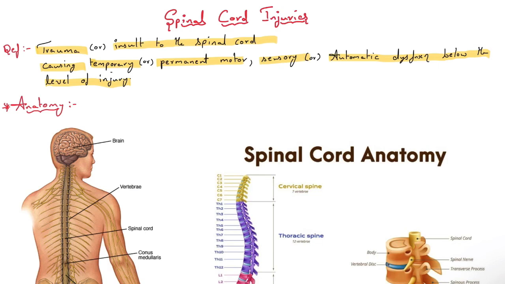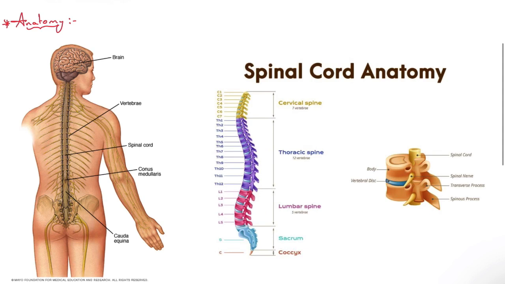Okay, now we are going to discuss a very important topic, that is anatomy. First of all, what is the spinal cord? If you are seeing this image, this is the main spinal cord. I am drawing it in this vertebral column. The spinal cord is a cylindrical structure of the nervous system.